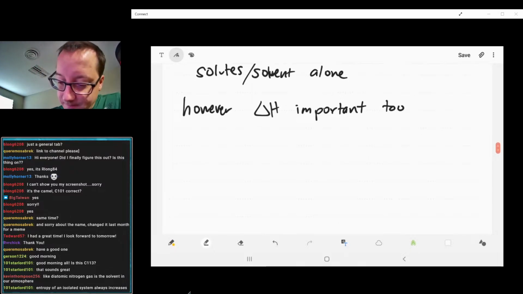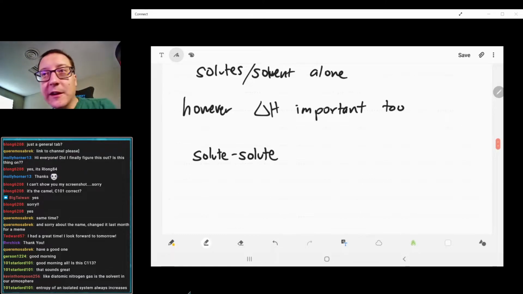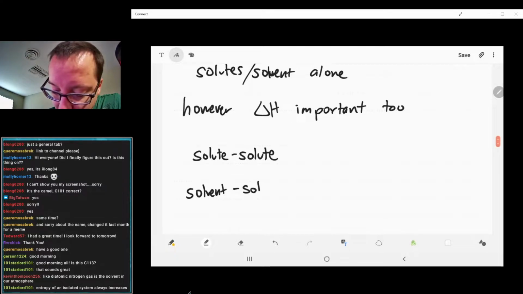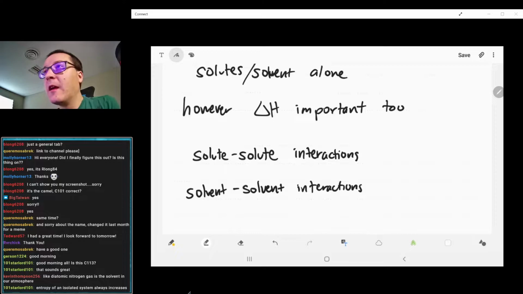So, when we think of a solution being made together, right? Originally, we have solute-solute interactions. So, for example, that would be our ionic interactions within our salt crystal, and we also have solvent-solvent interactions. In order to make a solution, we have to break these, right?